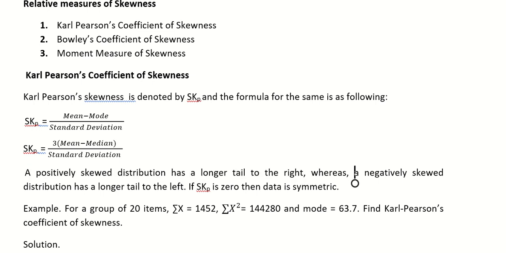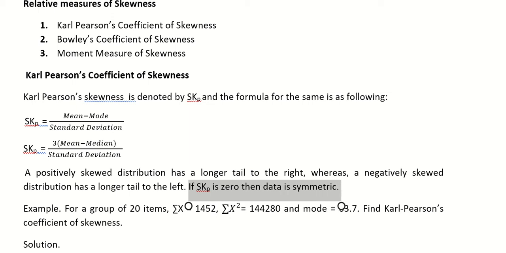Whereas for a negatively skewed distribution, if the answer by applying these formulas is negative, it means your data is skewed to the left. In both cases, data is not normally distributed, and our purpose is to get normally distributed data, right? But if SKP is 0, then data is symmetric. It means the data is normally distributed.